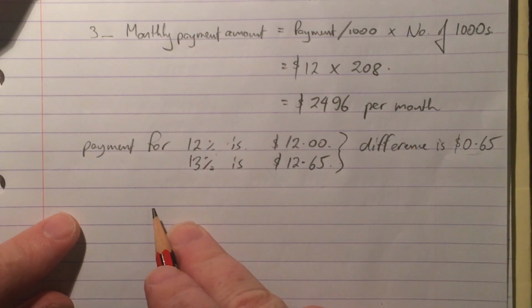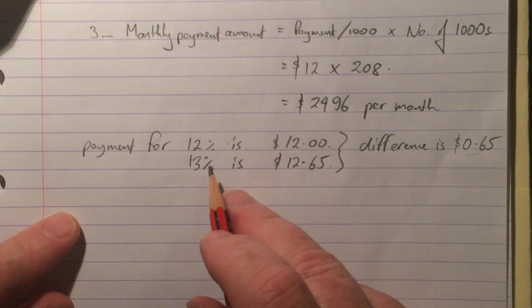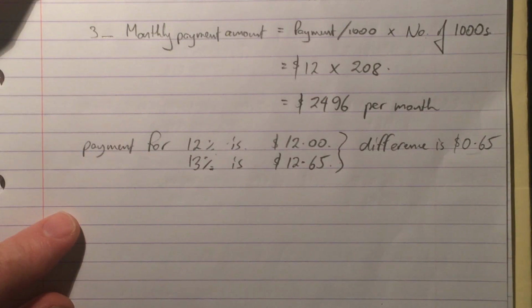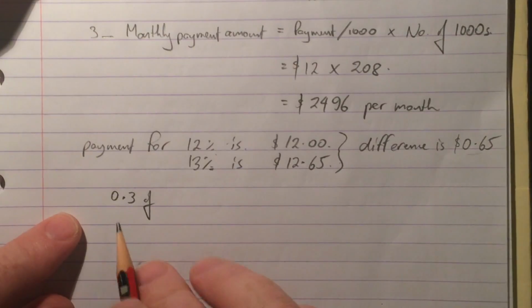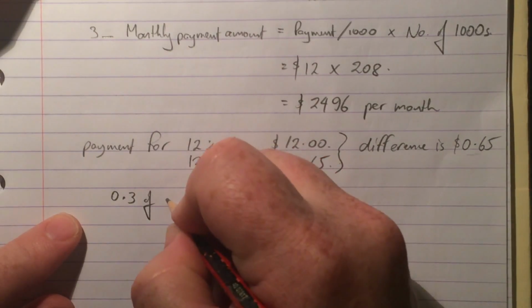To do that, we're going to take the decimal part, the 0.3, and work out what 0.3 of 65 cents is.